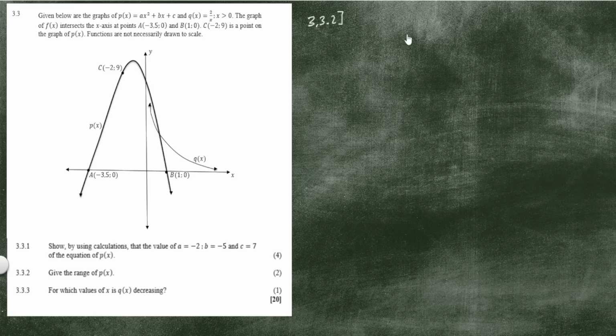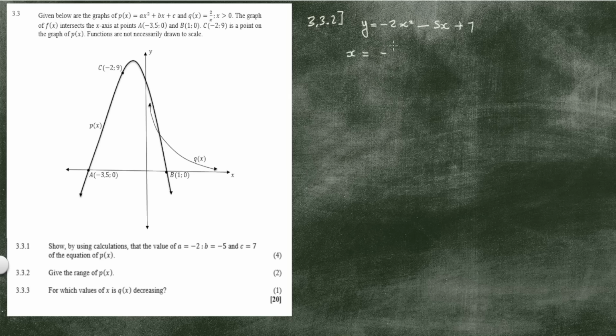I'll create another slide, 3.3.2. What do I need to answer this question? I need the turning point. For this function, y equals minus 2x squared minus 5x plus 7.